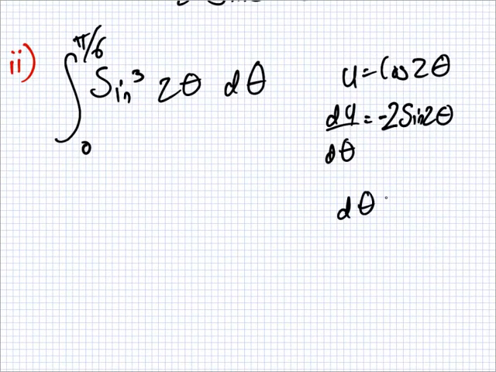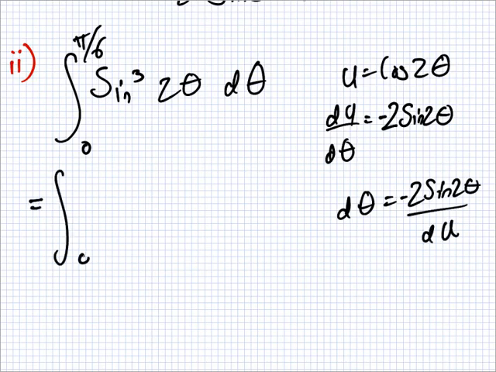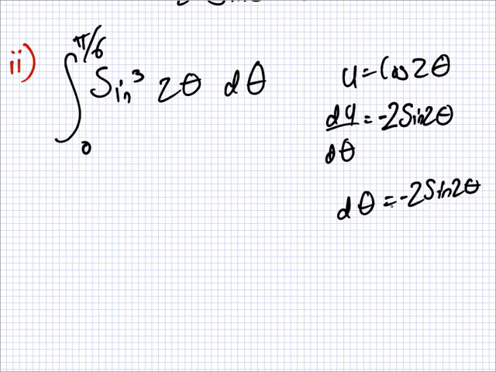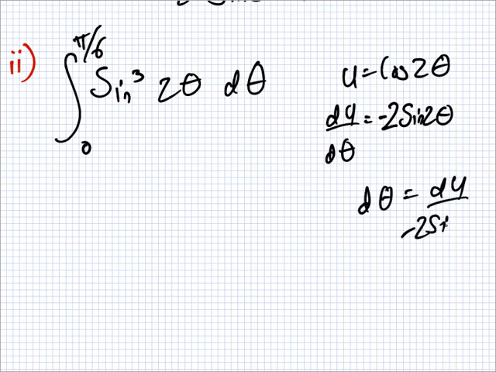So that means d theta is du over minus 2 sine 2 theta. Sorry, I had something upside down. So this becomes the integral from 0 to pi over 6 of sine cubed 2 theta times du over minus 2 sine 2 theta.